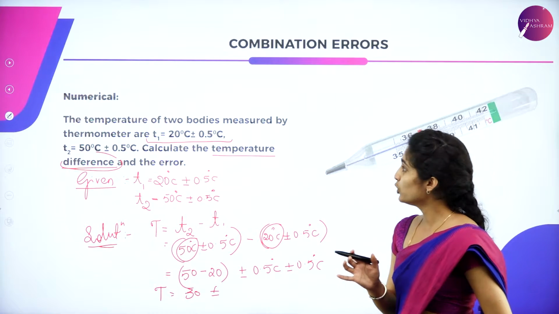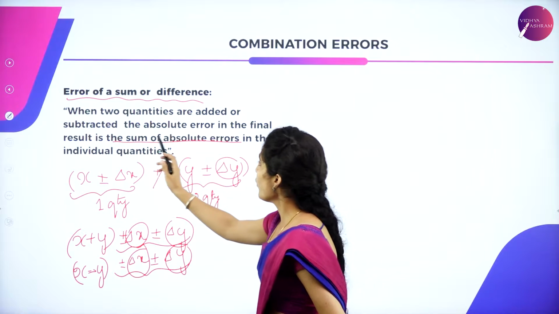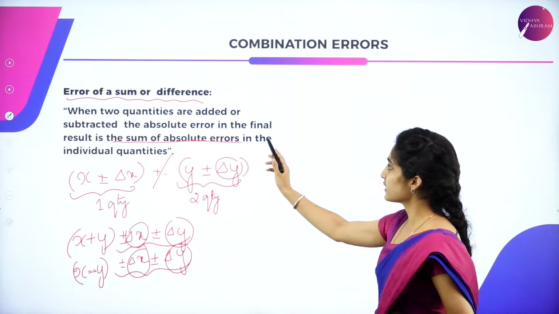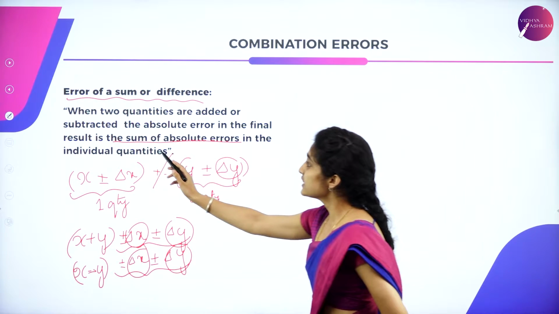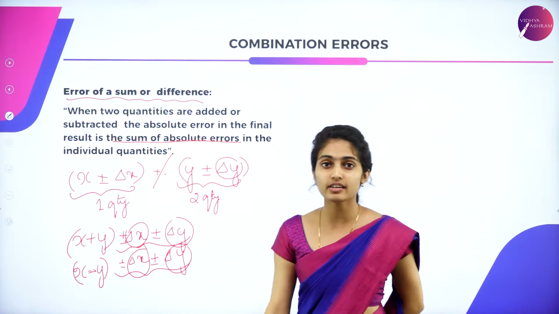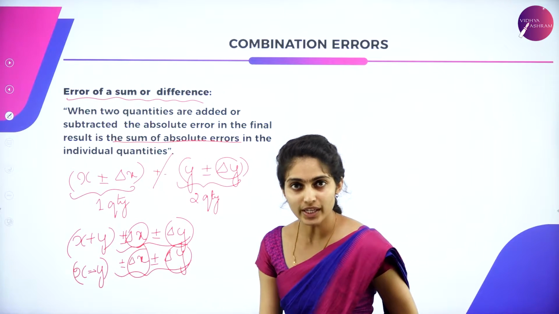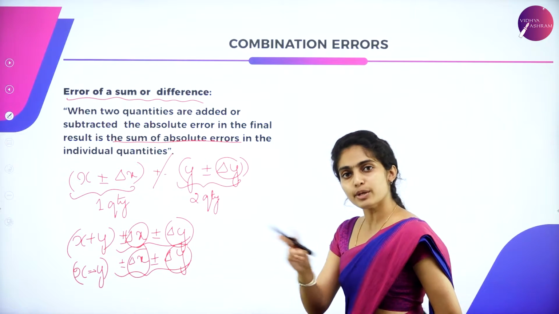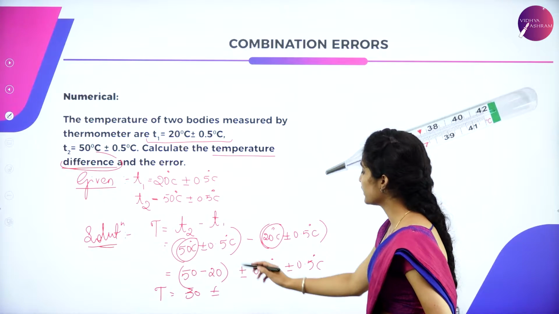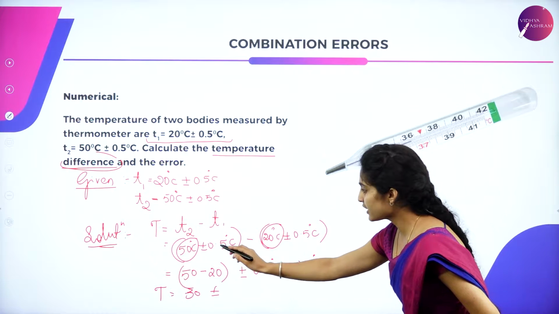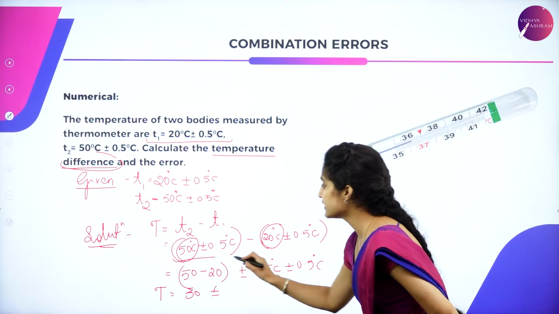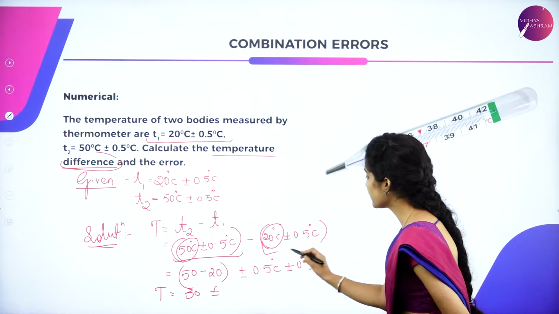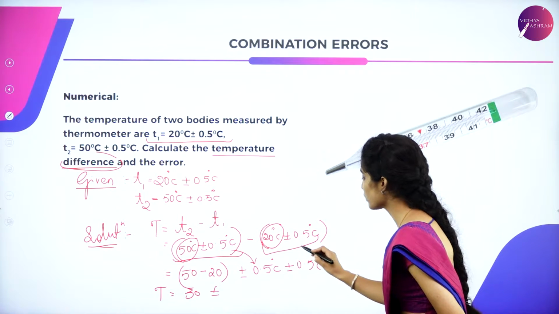According to the rule, the final result is the sum of absolute errors in the individual quantities, that is, summing up the absolute errors in both of the quantities. Here 0.5 degrees Celsius I have taken from this quantity, and again 0.5 degrees Celsius from this quantity.